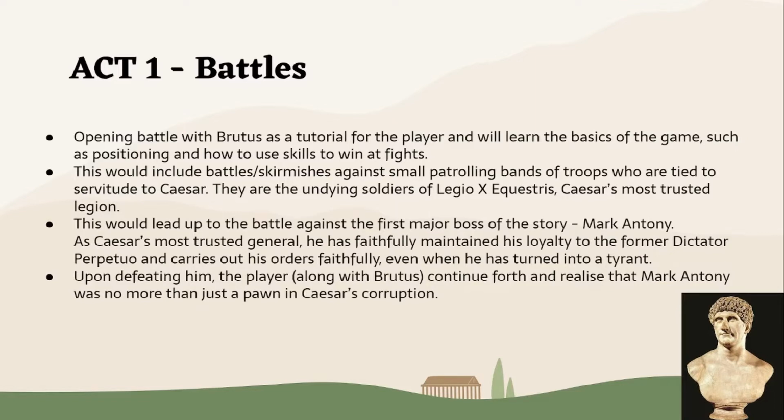This will lead up to the battle against the first major boss of the story, Mark Antony. As Caesar's most trusted general, he has faithfully maintained his loyalty to the former dictator perpetual and carries out his orders faithfully, even when he has turned into a tyrant. Upon defeating him, the player, along with Brutus, continue forth and realize that Mark Antony was no more than just a pawn in Caesar's corruption.